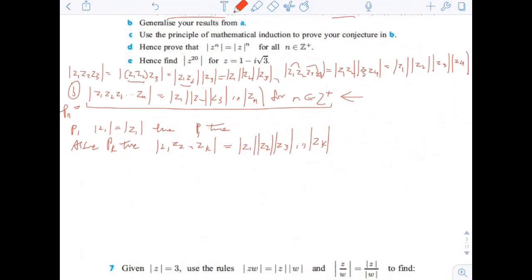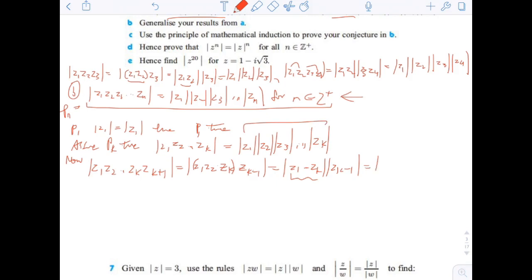Then we're going to look at the k plus 1th case. So now the modulus of z1 z2 up to zk zk plus 1 is equal to the modulus of z1 z2 and so on to zk, in parentheses, times zk plus 1, which is equal to the modulus of z1 to zk times the modulus of zk plus 1. And the modulus of z1 to zk is equal to this.